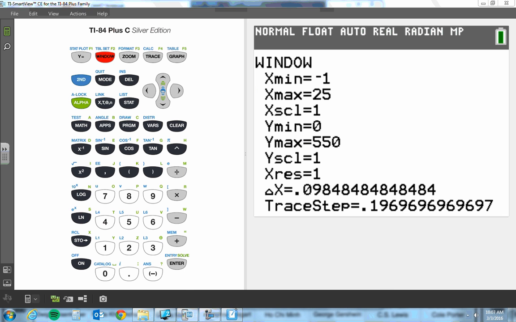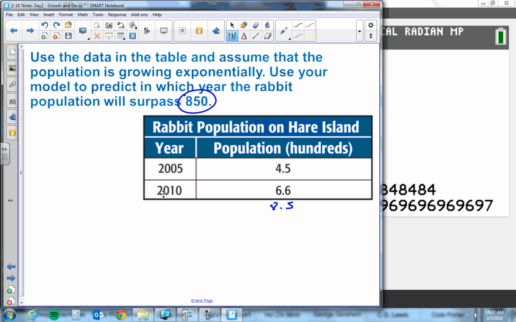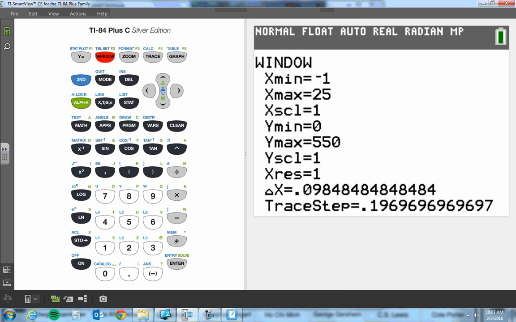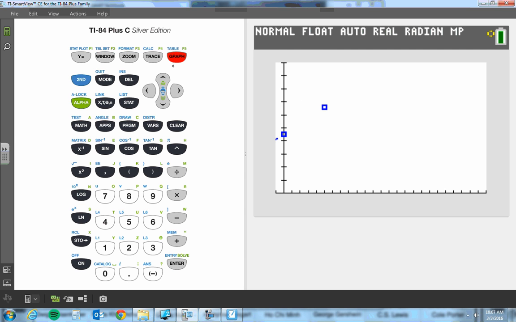This was after 5 years, so I think I'll keep the x values as I had them. They aren't horrible. And then y max of maybe 10, since I'm trying to go for 8.5. Once again, graph, and make sure you can see the intersection point on the screen.